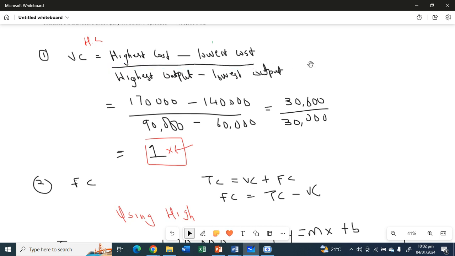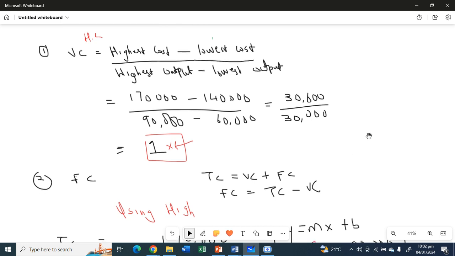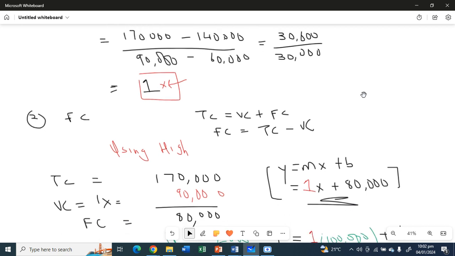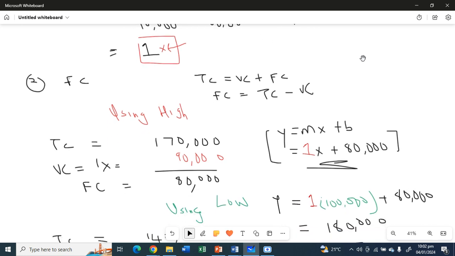That doesn't matter. Once you get your variable cost, you can either use the high or the low to obtain your fixed cost. If you use the high, use the highest total cost and the highest output. If you use the low, use the lowest total cost and the lowest output. Then you'll be able to get your cost function, which will enable you to determine what cost you incur whenever you make a certain number of units.